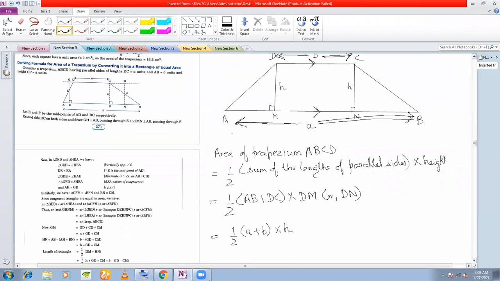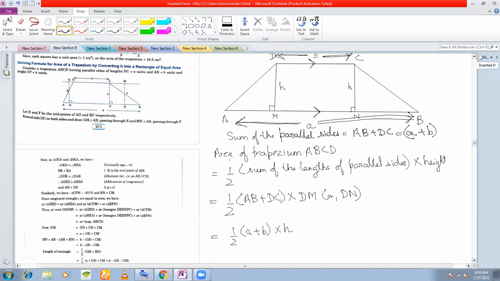What is the sum of the parallel sides? Sum of the parallel sides is equal to AB plus DC. AB here is a and DC here is b. So a plus b is the sum of parallel sides.